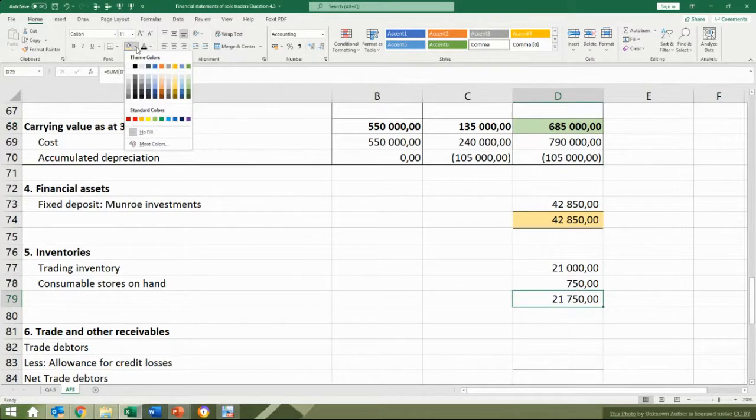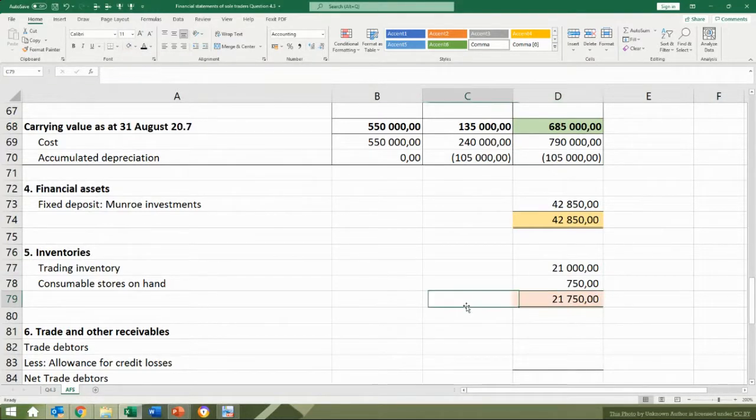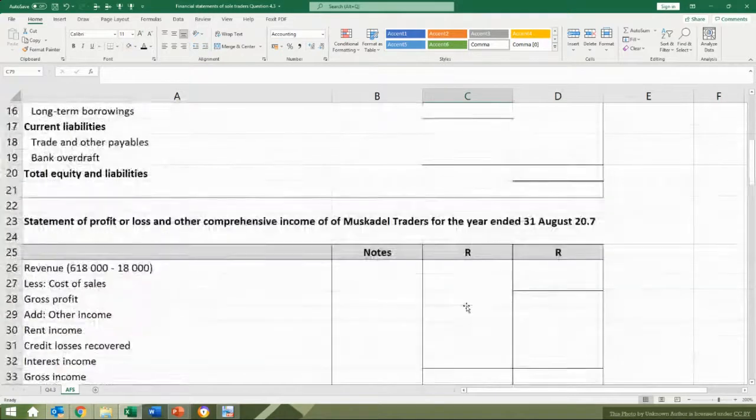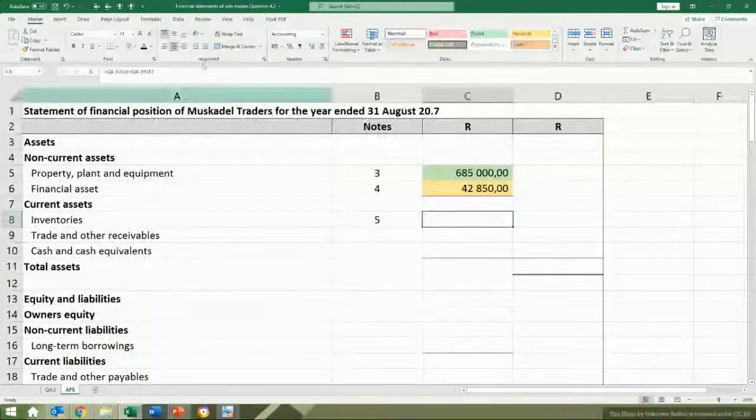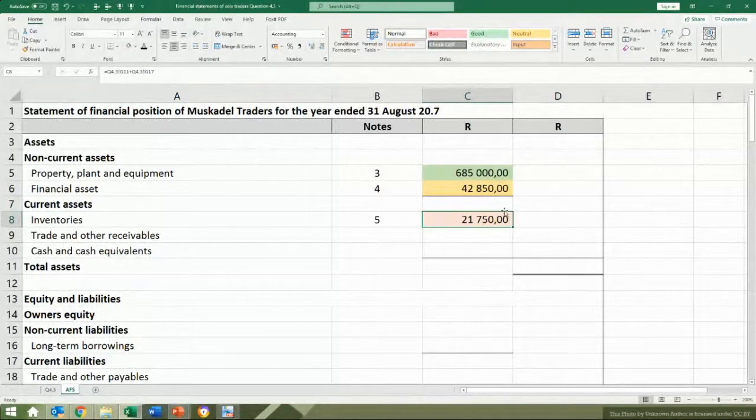So your new value for inventory would be the 21,750, and that should agree to the 21,750 disclosed at the top. Now, for non-current, you have to add them all together and show the non-current amount separately, the total, and we'll do the same for the current as well.